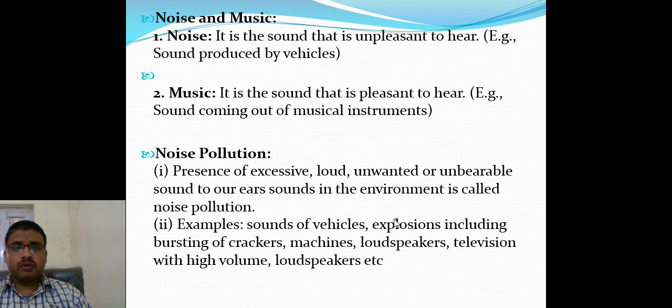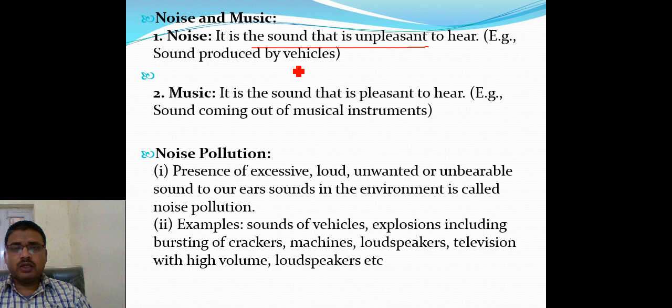Now, the most important thing which we are going to discuss is what is noise and what is music. If the sound coming from the source is unpleasant, that means the sound is not in a soft way, then this kind of sound is known as unpleasant sound, and that unpleasant sound creates noise.